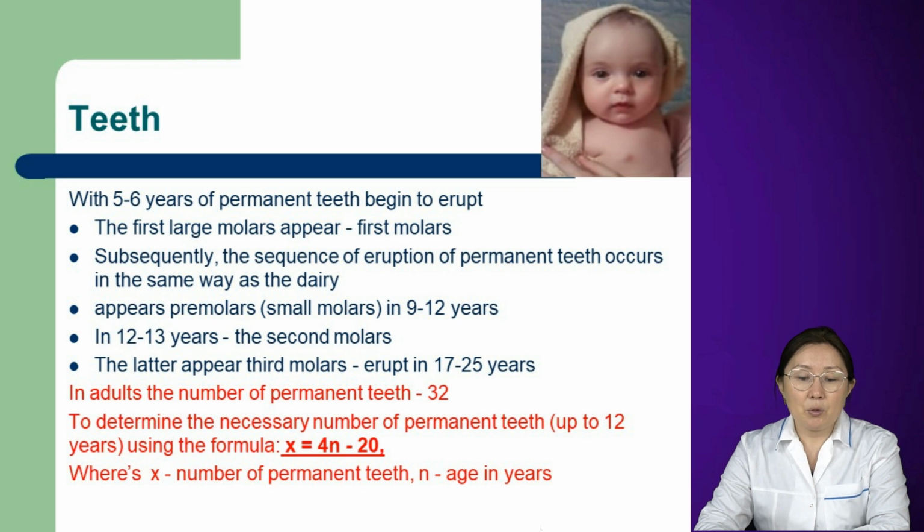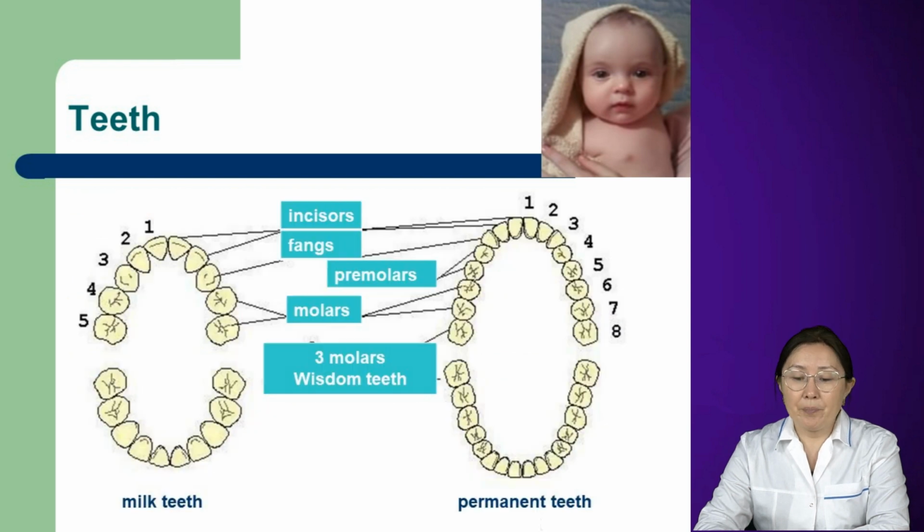The last to appear, the third molars, erupt from 17 to 25 years. In adults, the number of permanent teeth is 34. To determine the necessary number of permanent teeth up to 12 years in children, use the formula x = 4n minus 20, where x is the number of permanent teeth and n is the age in years.